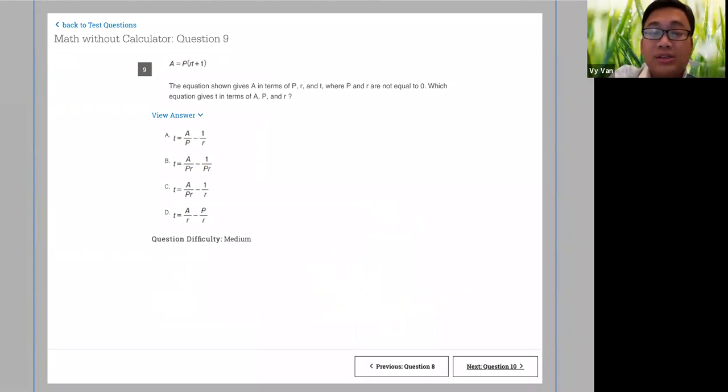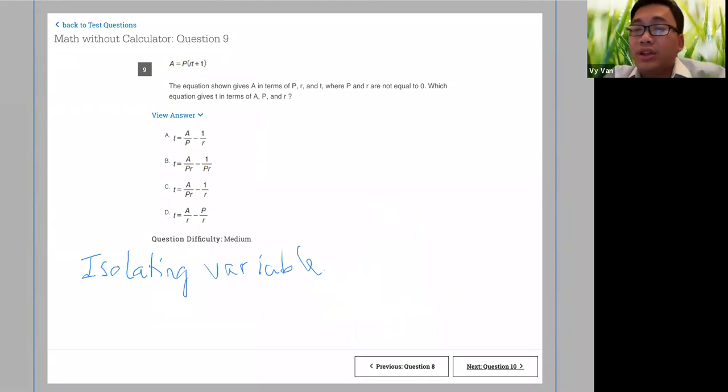So this is the type of question that is called isolating a variable. Or in Algebra 1, you learn this in a chapter called literal equations. Here, they want you to solve for t.